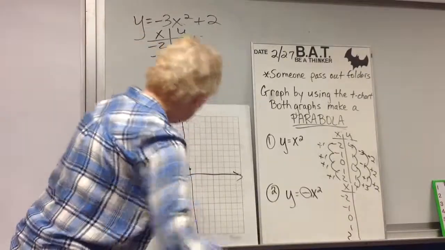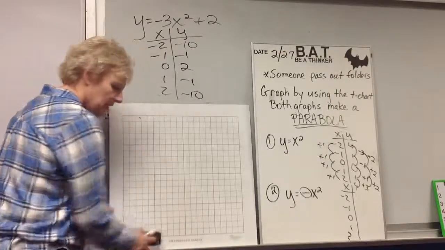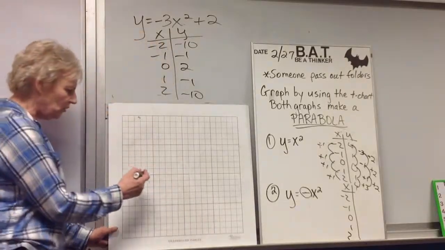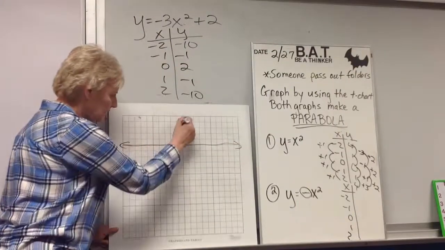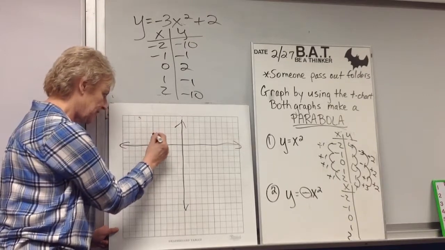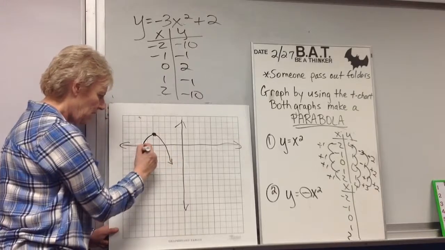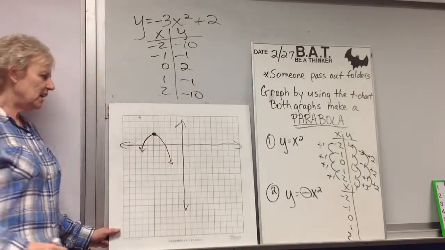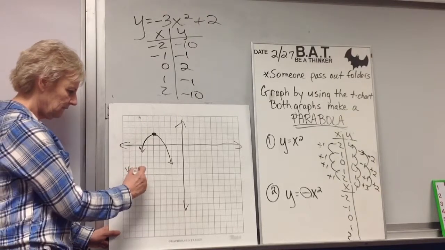All of your parabolas do not go through the y-axis in the middle. If you have a parabola here, let's say you have this right here. Okay, what is the vertex? 5, 2?